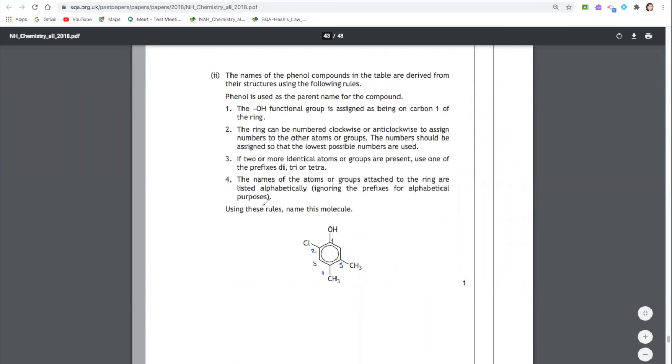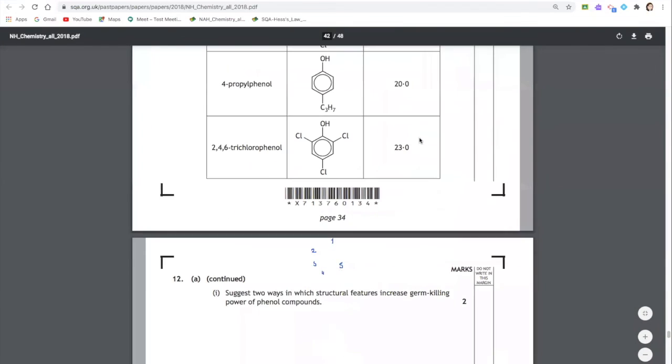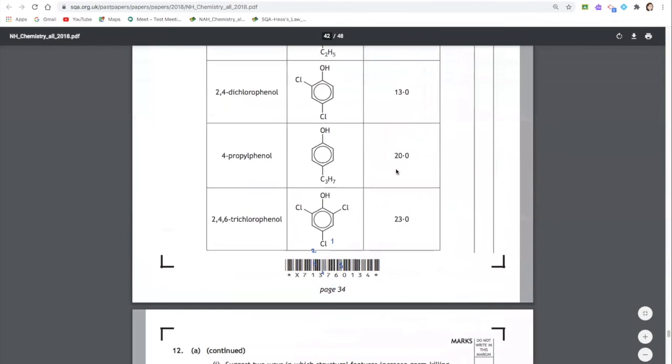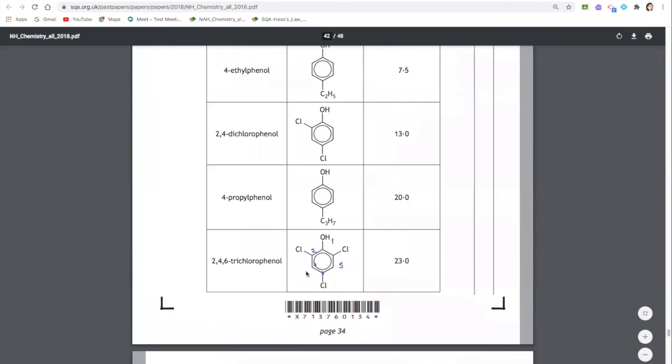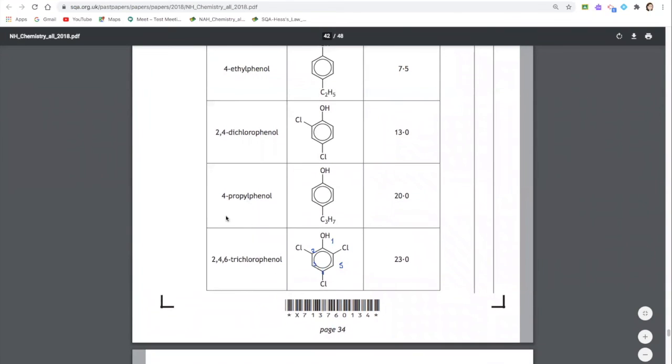Okay, so if 2 or more identical atoms are present, use one of the prefixes di, tri, or tetra. The names of the atoms or groups attached to the ring are listed alphabetically. So if we scroll back up to see the names of these ones, you can get some inspiration from these.